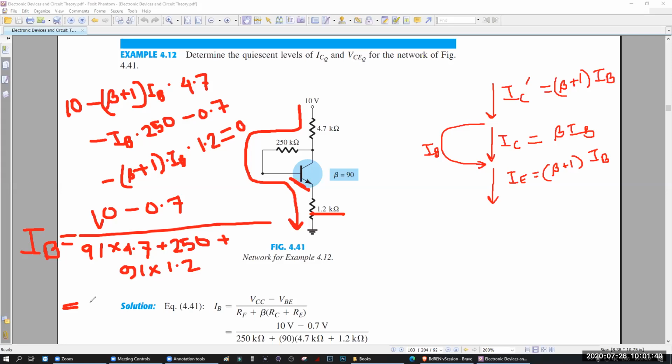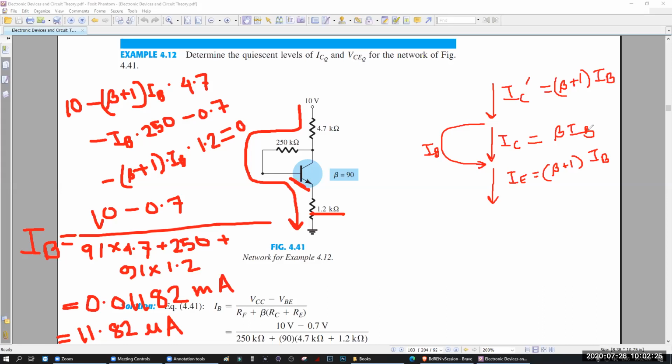IB will be 10 minus 0.7 divided by 91 into 4.7 plus 250 plus 91 into 1.2. That is 0.0118, 0.01182 actually. This is milliampere. So your value will be 11.82 microampere. That's it.